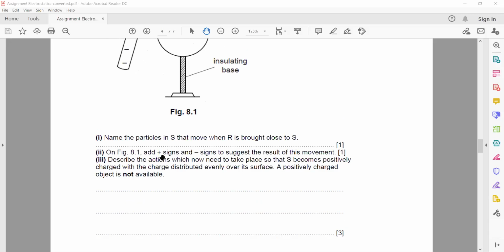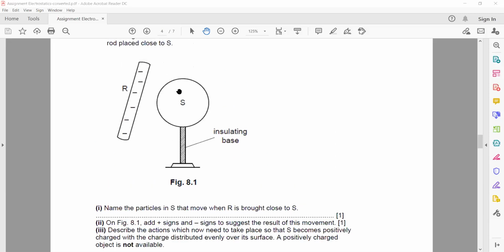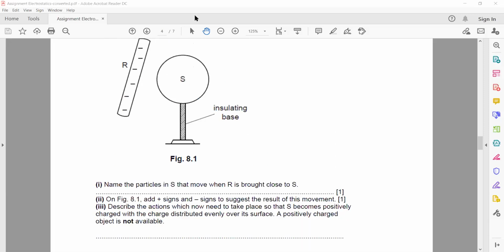Then describe the action now needed so that S becomes positively charged. A positively charged object is not available, so we want to make a positive charge. How can we make it positively charged? This is first a distribution. If I want to make it permanently positively charged, I will connect an earthing wire.